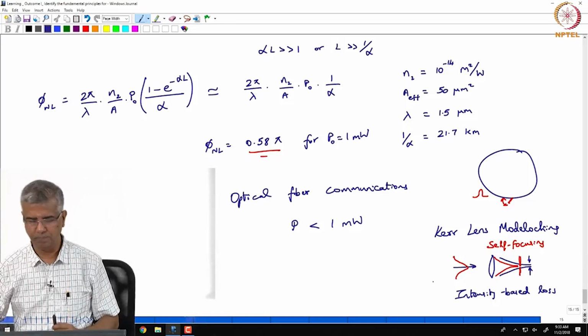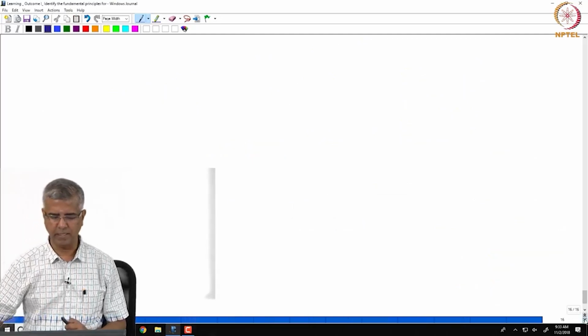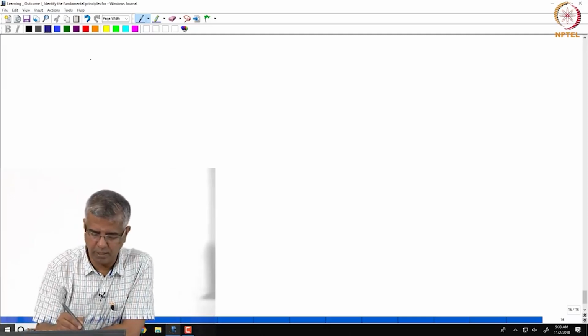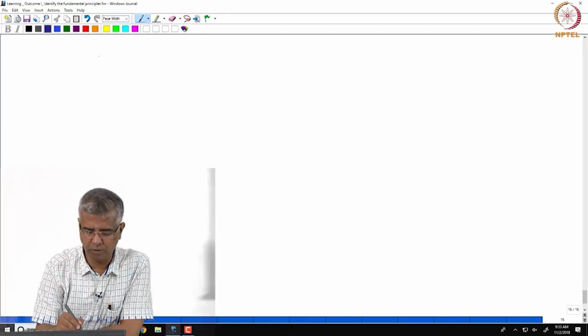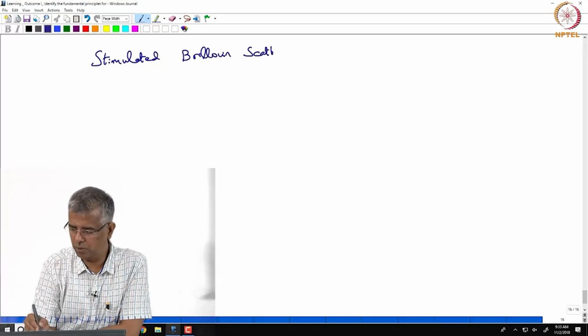Okay. So we said the power is limited to milliwatt levels. The other mechanism that limits the optical power that can be sent through an optical fiber is this effect which is called stimulated Brillouin scattering.